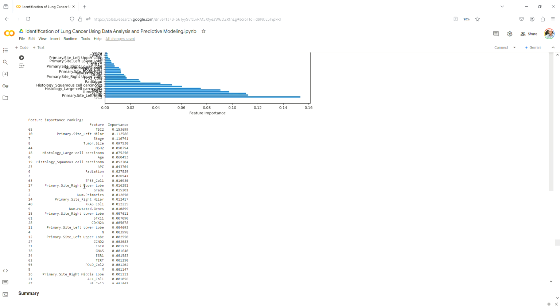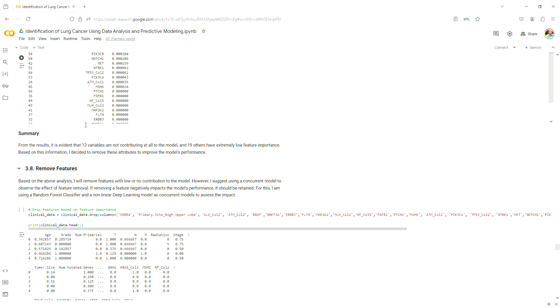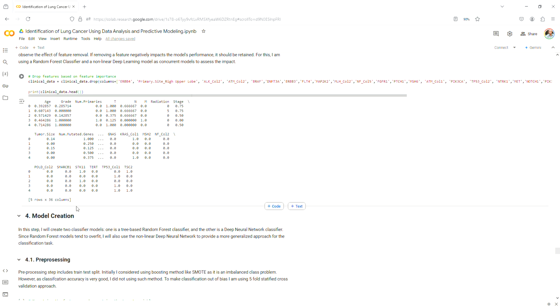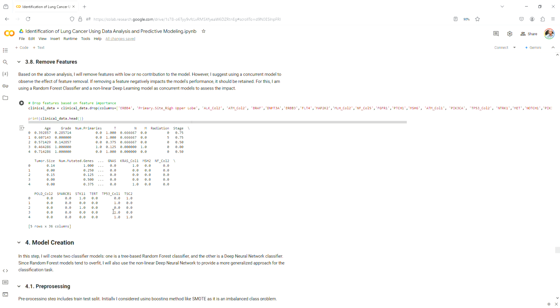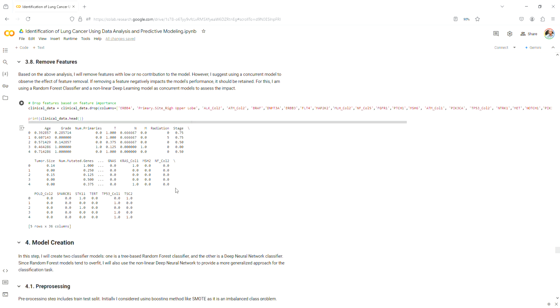I saw that many attributes are not contributing to the feature space at all. So I didn't remove too much, but I removed almost half of my features based on this. I think we could have removed more, but I was playing safe.